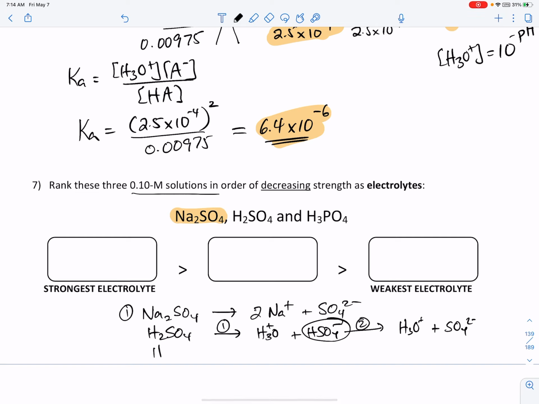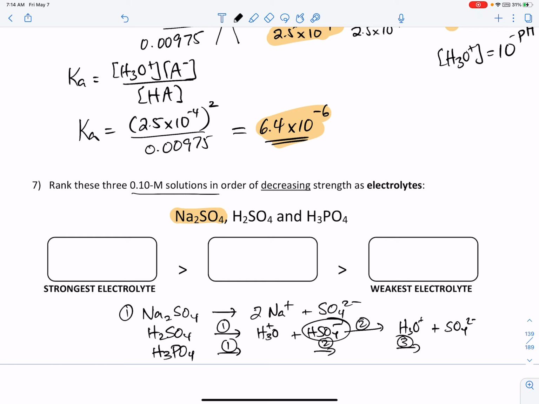And then H3PO4, well, you might be tempted to say that it's got 3 hydrogens, it's going to be the most ions. But although, yes, it's going to have 3 steps in its ionization, remember that it's a weak acid even in the first step. So it really doesn't produce much ions in the first step. And the second and third steps have really small Ka values compared to the first. So we just ignore those usually.